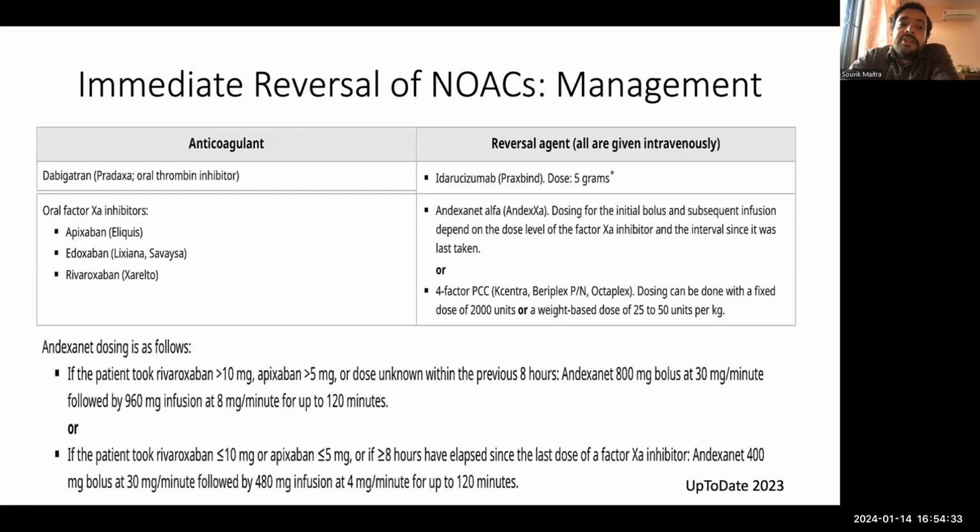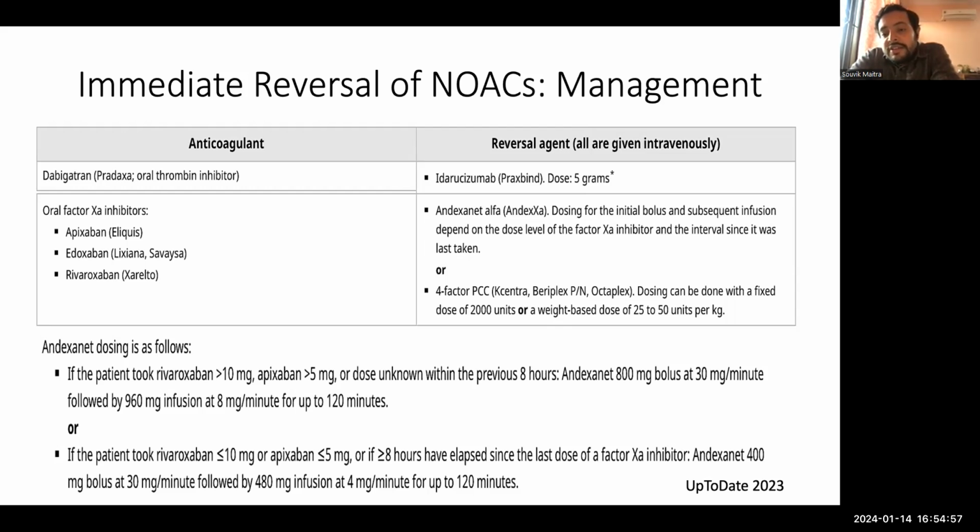Now, what happens if these patients come to your ICU with bleeding like an intracerebral hemorrhage or GI bleeding, where an immediate reversal is required? For immediate reversal, there are specific USFDA approved agents available. If you have access to these drugs, for dabigatran, idarucizumab is available.